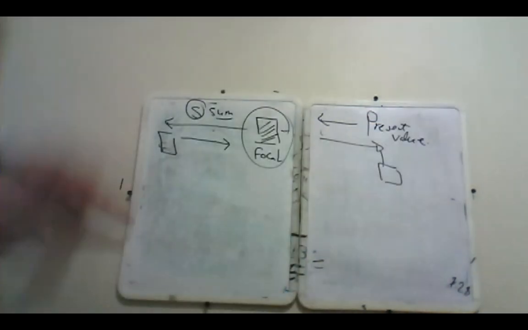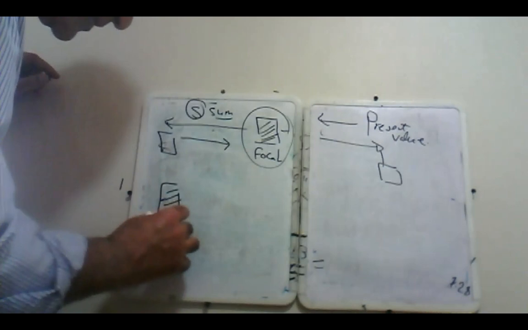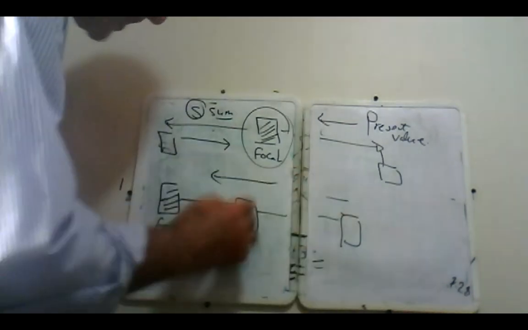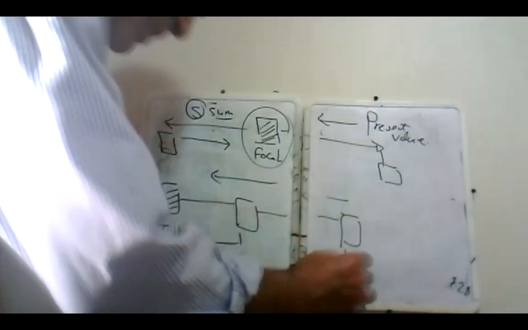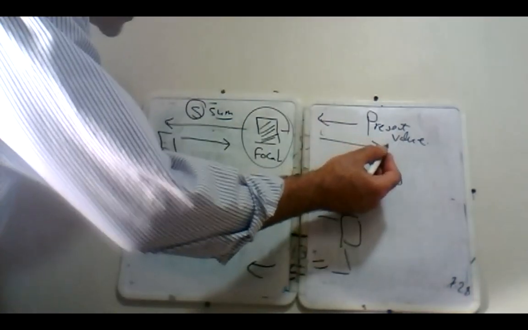Before this, just let me remind you on one point. Before this, here was the focal date, and we have two amounts. That's why we returned it back for both of them. This amount we have to return back, and this amount we have to return back. When we return back, like you see here, we get the present value.